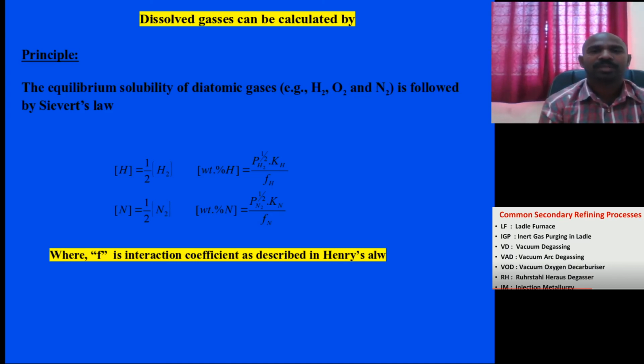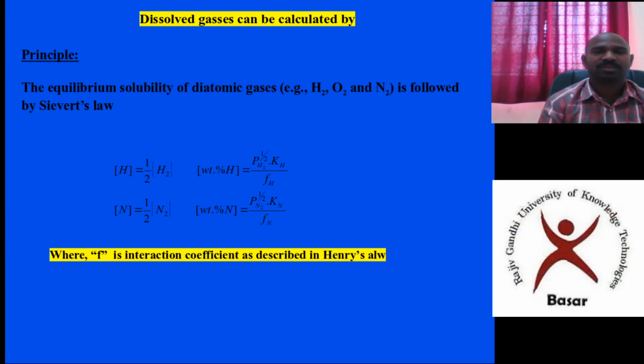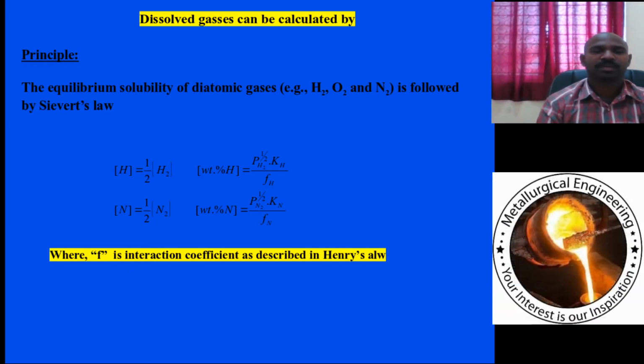Hydrogen, oxygen, nitrogen, carbon: if you compare the atomic numbers, hydrogen is 1, whereas nitrogen is 7, oxygen is 8, carbon is 6. Carbon is reduced to a very low level at primary steelmaking units. Oxygen is reduced by using special deoxidizing units.